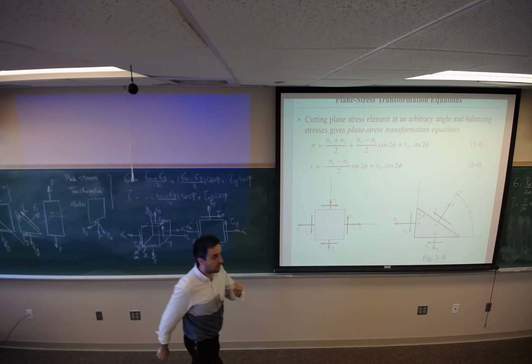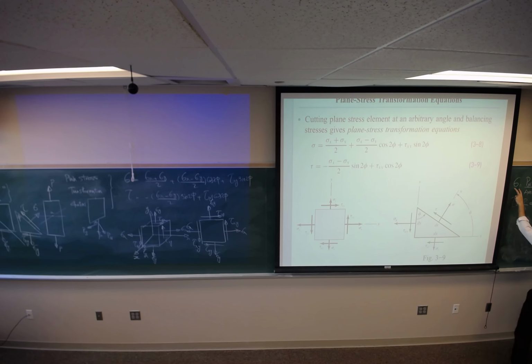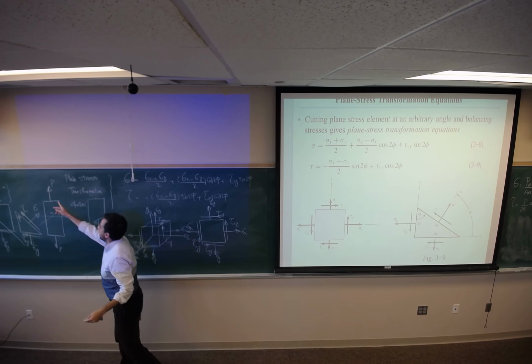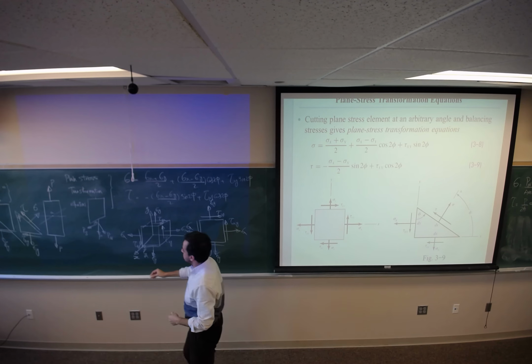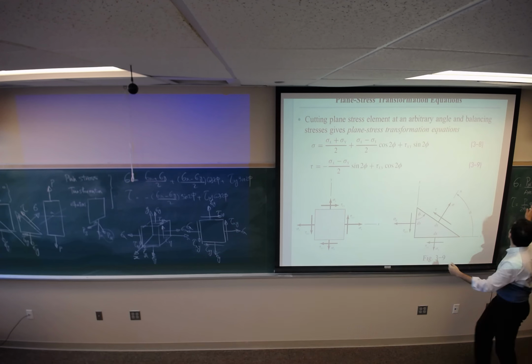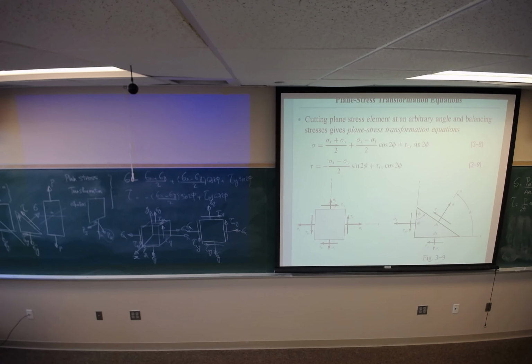All right, here I asked you at which angle I should cut, or pick the plane, such that I would have the maximum normal stress. That was simple. You just look at this and say, all right, cosine square of theta is going to have the greatest value when theta goes to 0.